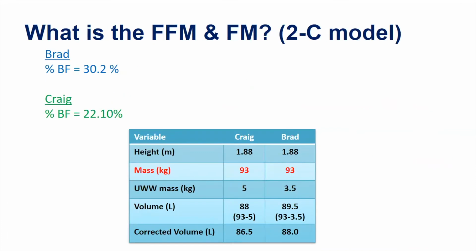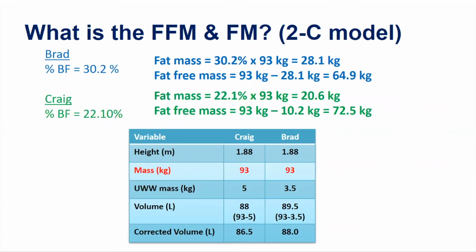So since we're using the two-compartment model, we can now determine how much of their body mass is fat mass or fat-free mass. And all we're going to do is multiply their fat percentage by their mass. So Brad's fat mass is 28.1 kilograms, and his fat-free mass would just be his body weight and subtract out his fat mass.